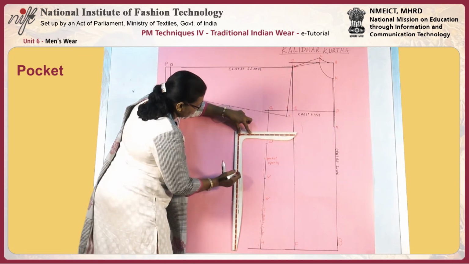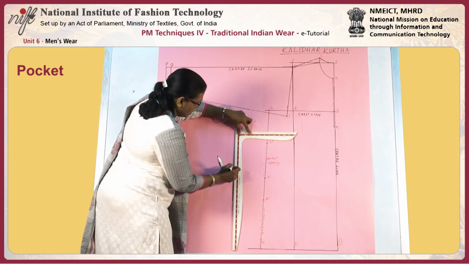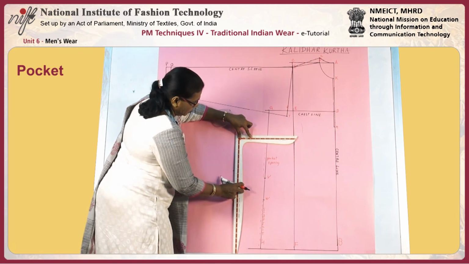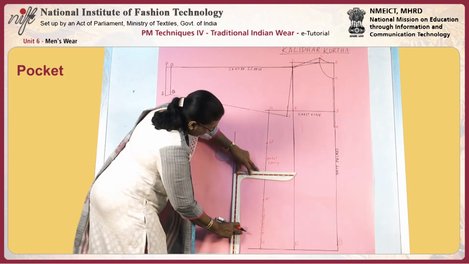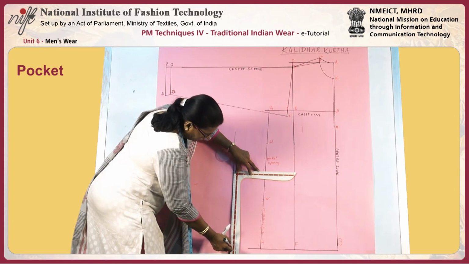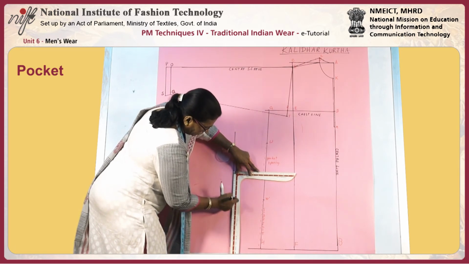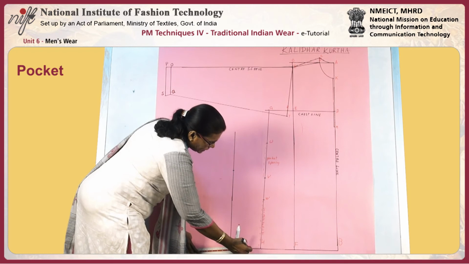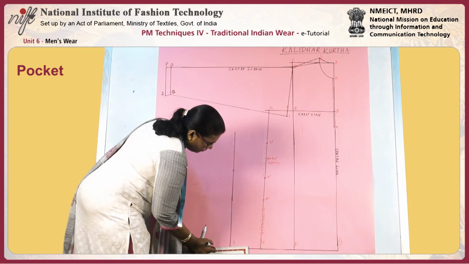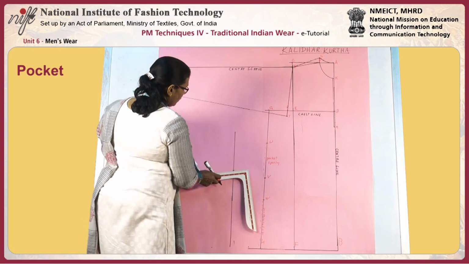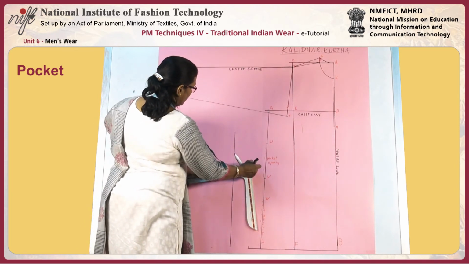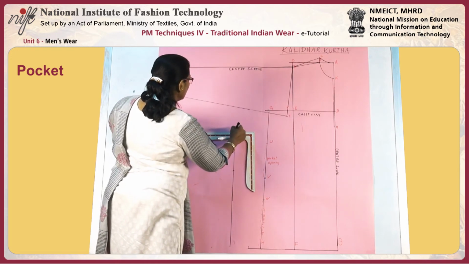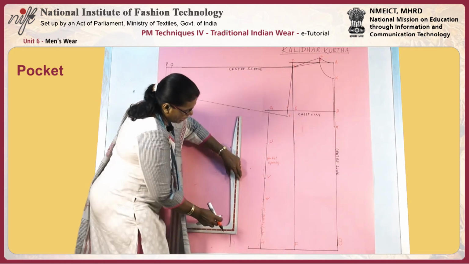Cover piece should be 1/6 of chest plus 1 inch. And here with 1/3 of chest. The width should be totally 1/6 of the chest. It's 3.5, 3.5. Here mark 1/2 inch on both sides and join.